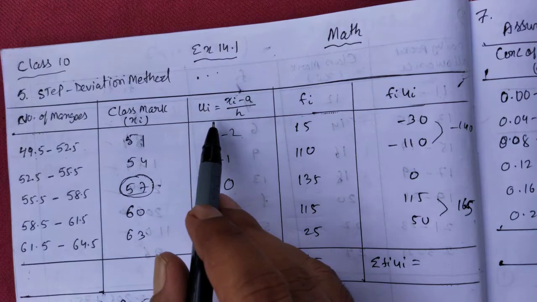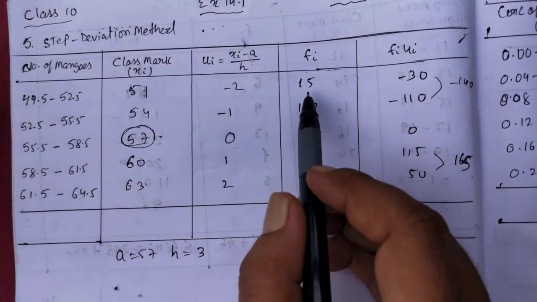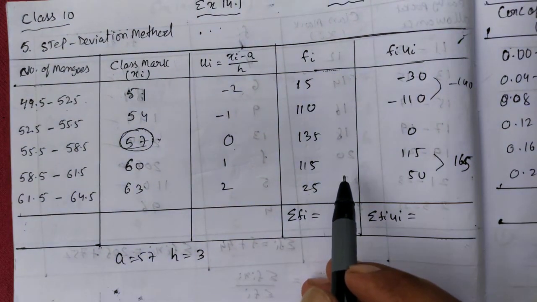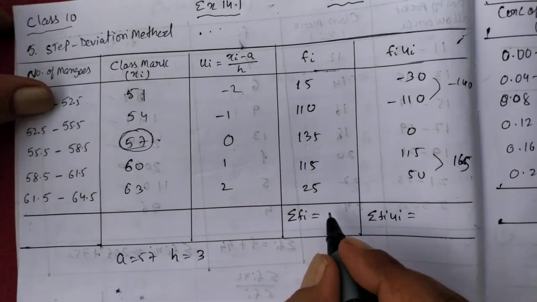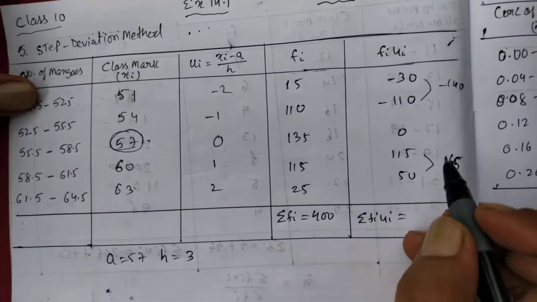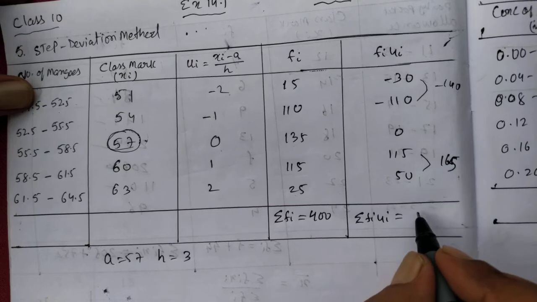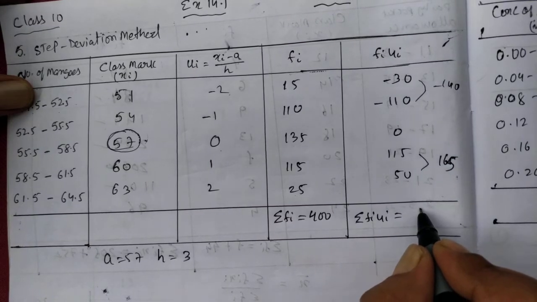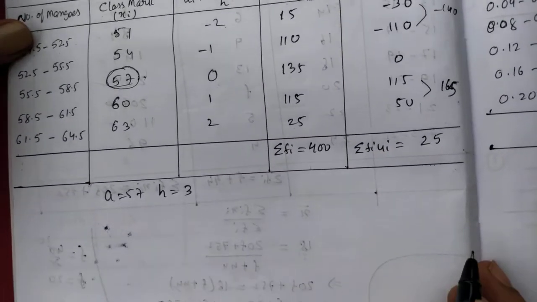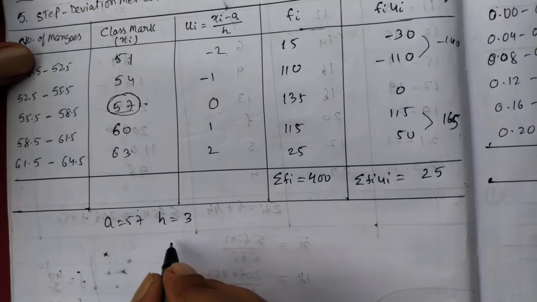In step deviation, we find fiui. Now the total of this is 400, and 165 minus 140 is 25.